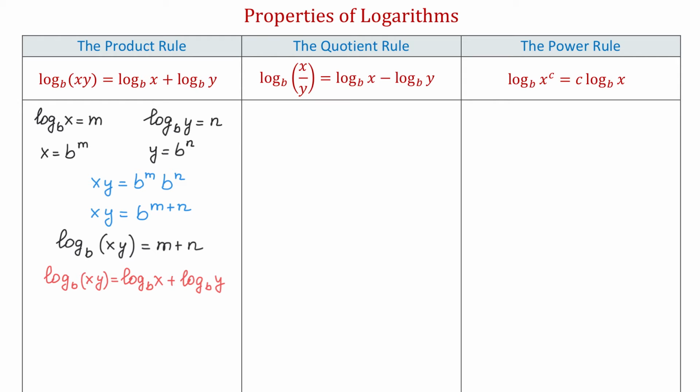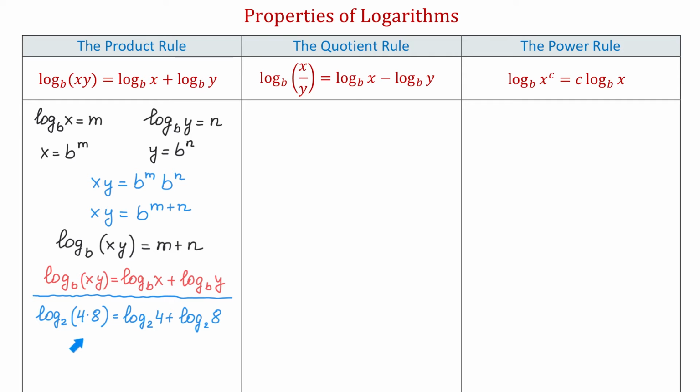Now let's see an example. Let's say we have log base 2 of 4 times 8. Then according to the product rule, we can write this as log base 2 of 4 plus log base 2 of 8. And we can check if these two sides are equal by evaluating each side individually.